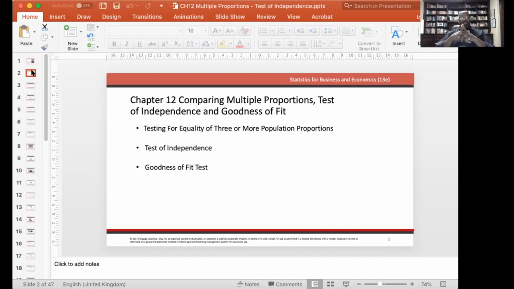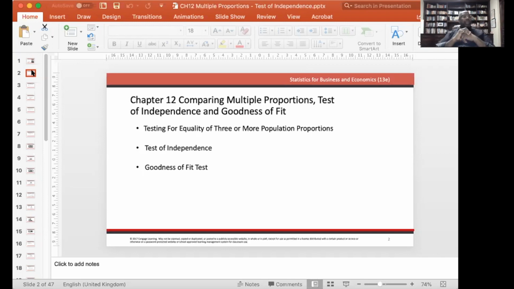It could hypothesize that. And so in which case, what you would do is you take samples from each of them, and you'd see what percentage of people bought your product versus people who did not buy the product, and then you compare them.